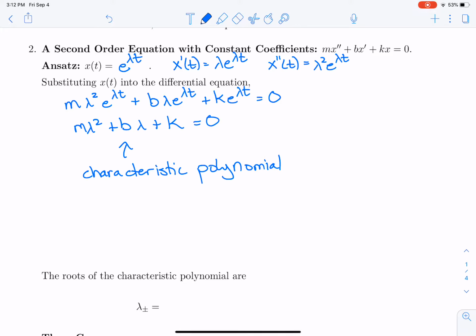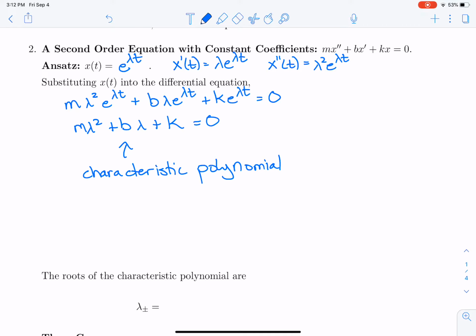And the idea is that if we solve for lambda, then we know the powers or the constants that need to go into our solutions, e to the lambda t. That characteristic polynomial, that sounds familiar. It sounds like a term that we might have heard from another math course. And the answer is that we have heard that term in another math course.